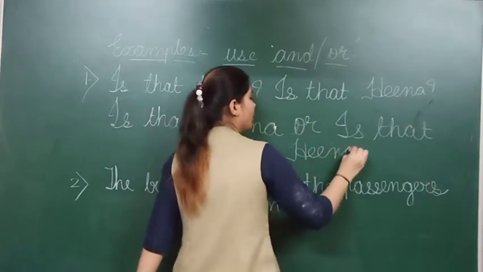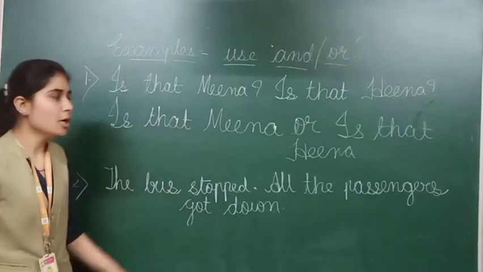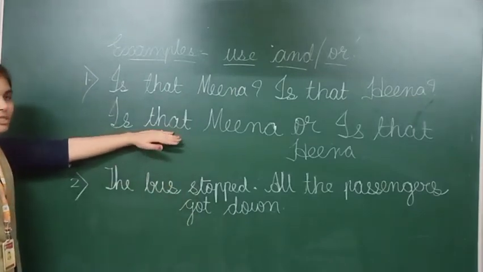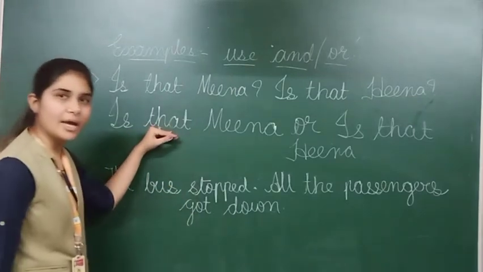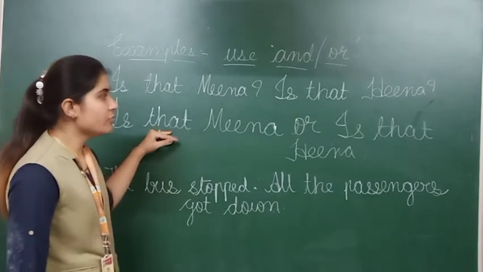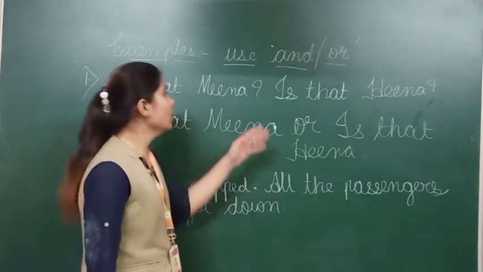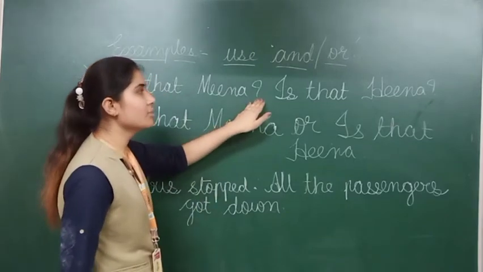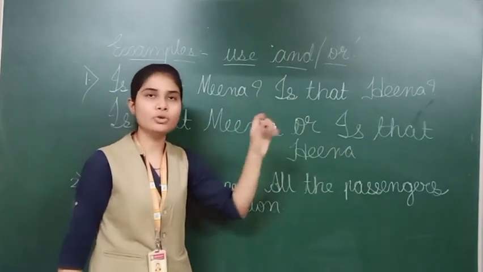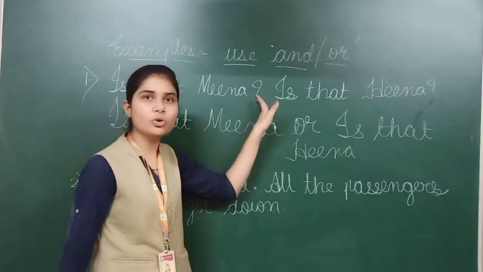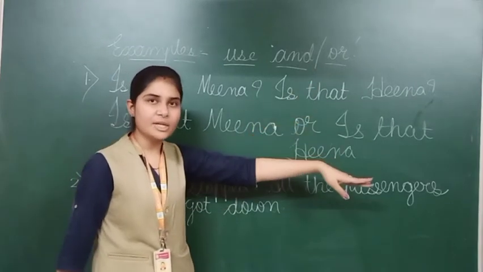No. In this way you can't write because these two words, is that, we have already written. So we are not supposed to repeat the same words again. You have to put the question mark at the end only. You have to use punctuation like full stop or question mark at the end of the sentence only.